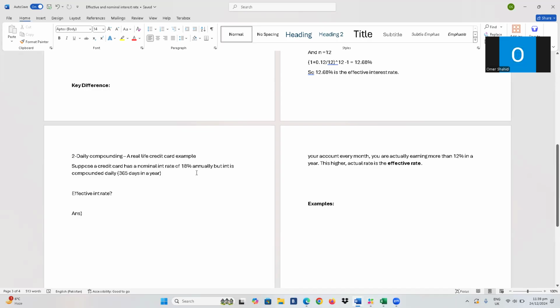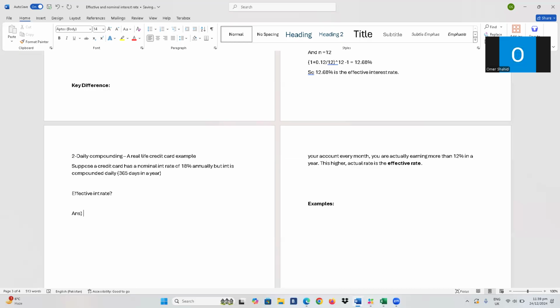Yes, we need to divide, because this 18% interest rate is annual and we need to compound daily. So we need a per day interest rate. Both things should be the same, so yes, we divide it by n to get the interest per day. I hope now you are getting the concept.